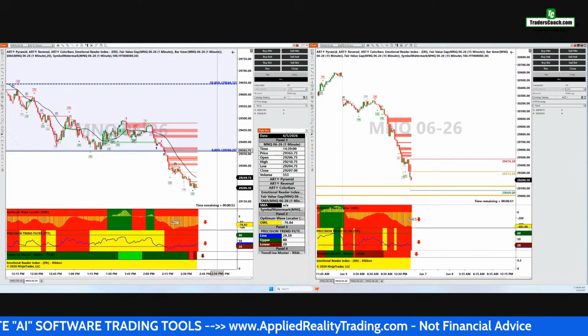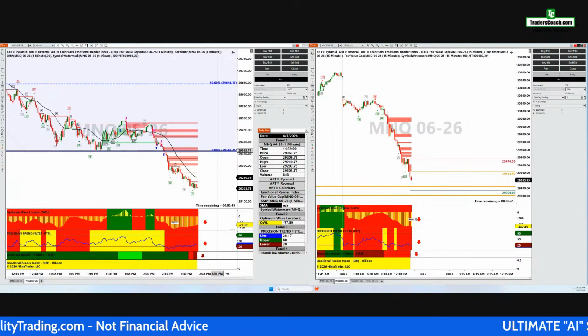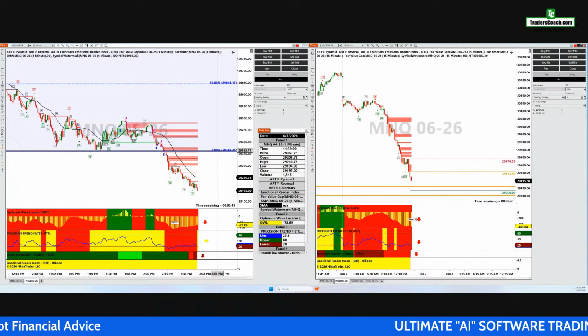All right, so definitely price is spooling down to that equity level. You cannot deny that. There it goes.